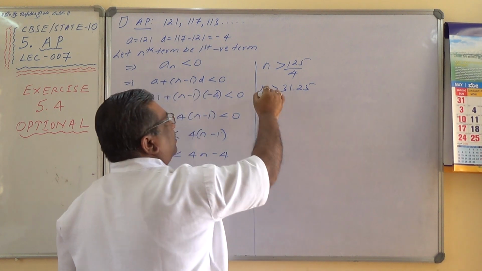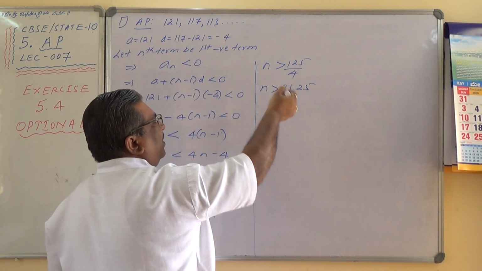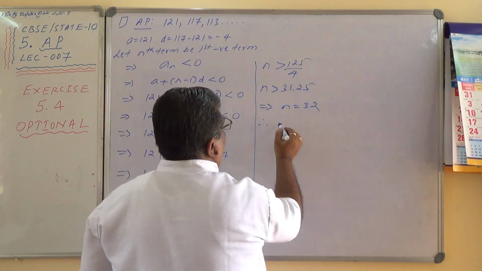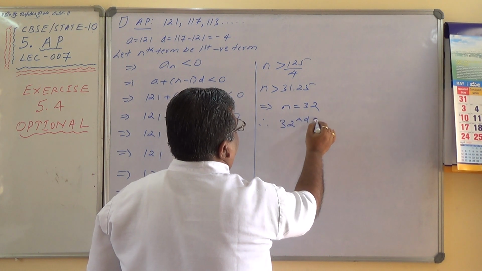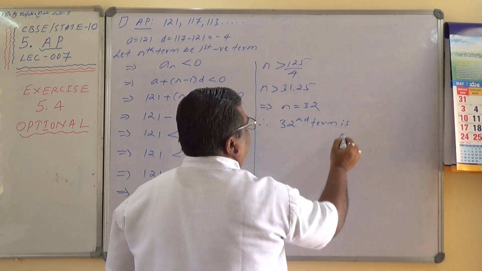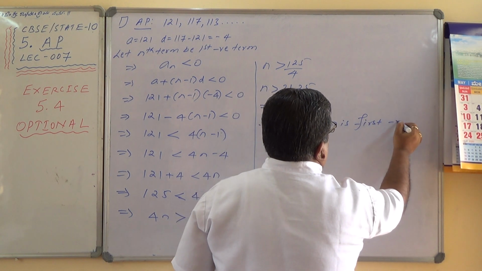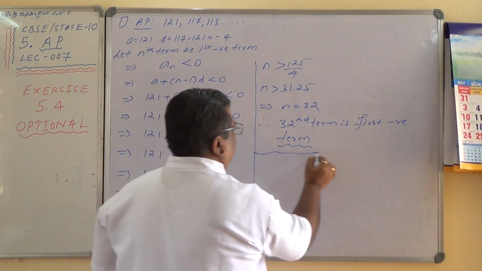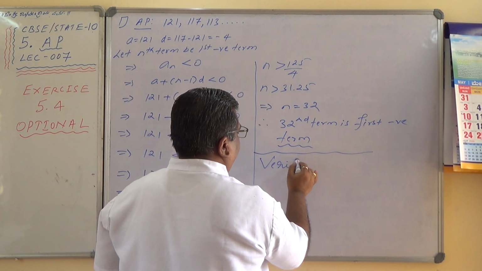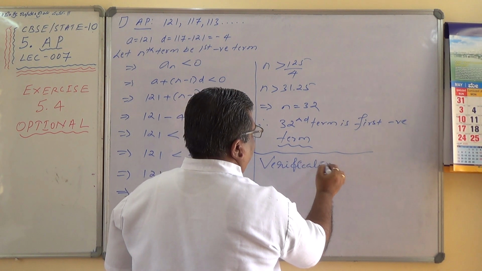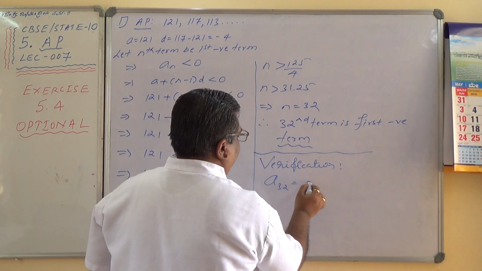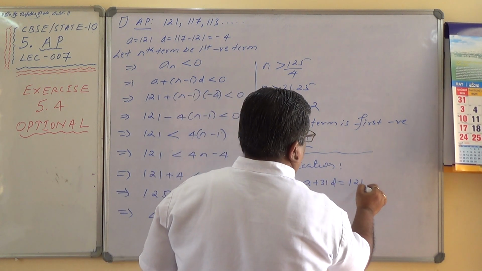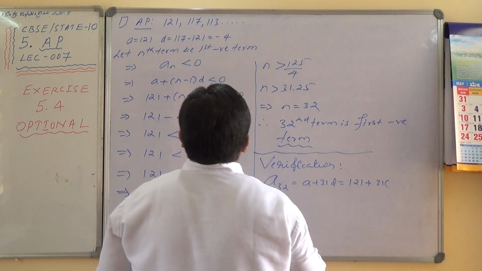This means that n should be an integer or a natural number, implies n equals 32. Therefore the 32nd term is the first negative term. You verify it, whether we are getting this or not. Let us check it. A32 equals A plus 31D. A is 121 plus 31 times D, which is minus 4.